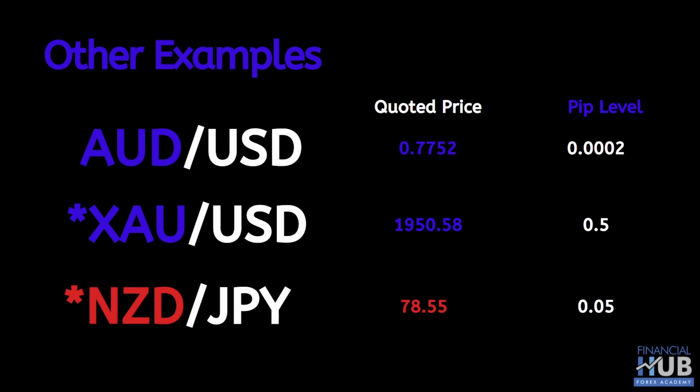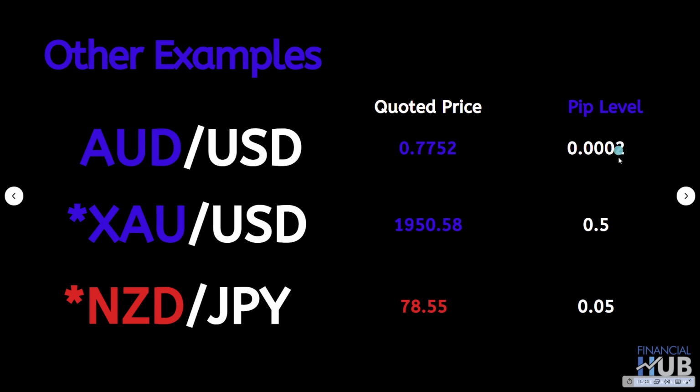So, other examples, just to look at how different they are, just as I mentioned earlier, gold and NZD JPY are quite different. If you take an example like Aussie dollar USD, that one is basically counting the 4th pip from the decimal place. So 1, 2, 3, 4. So this 2, the 0.0002, will give you the pip level.